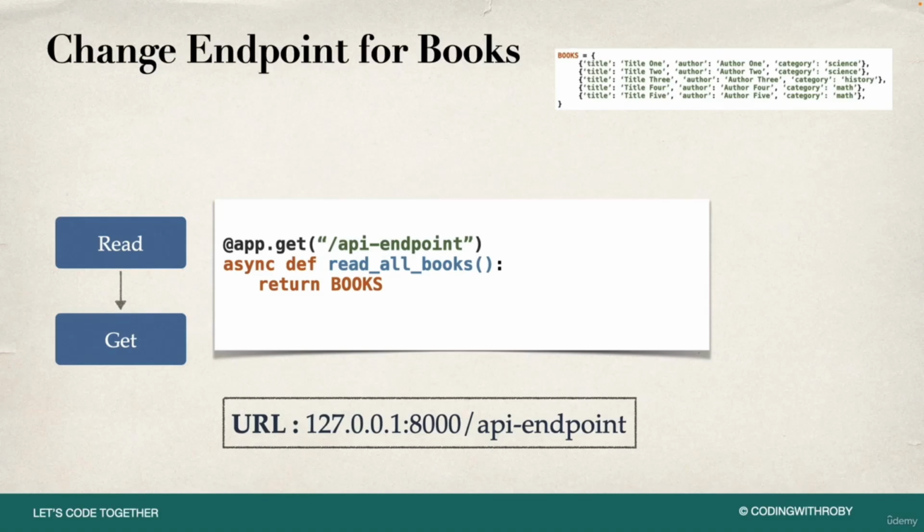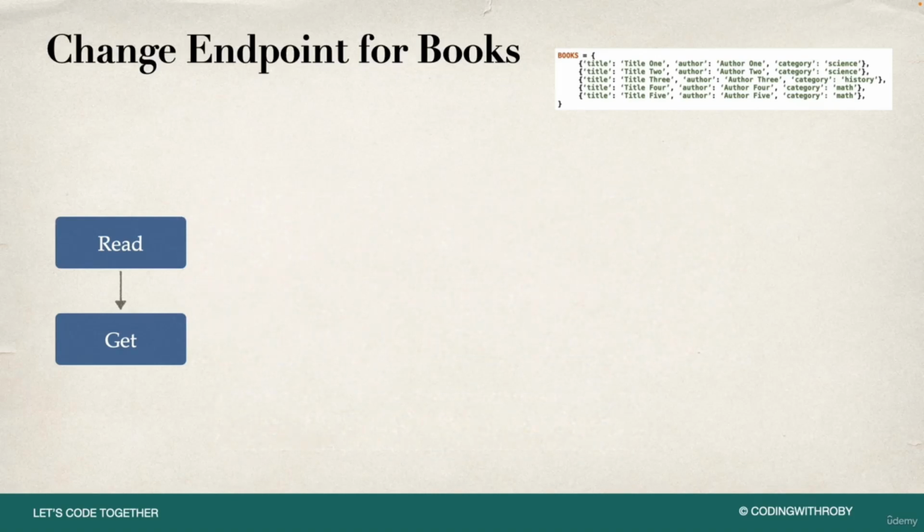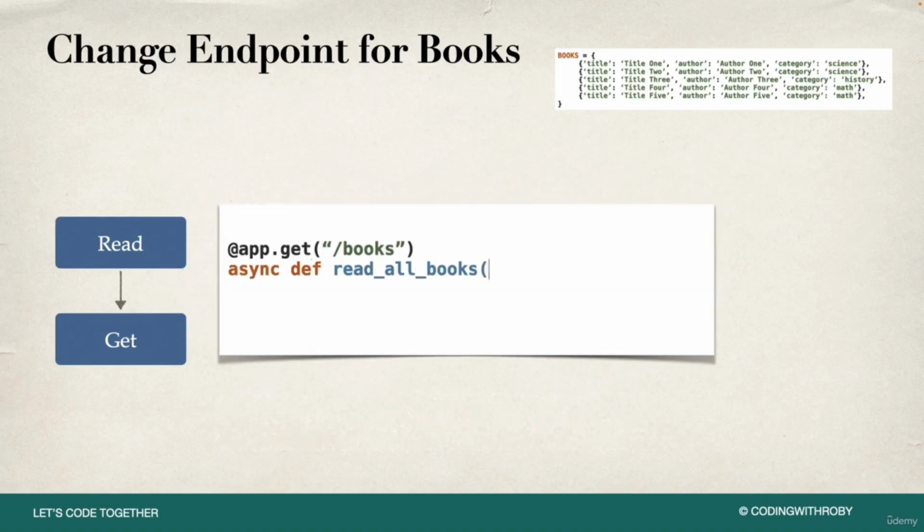However, the API endpoint of /API-endpoint doesn't really make sense or tell the client that we are about to return all the books. So let's go ahead and just get rid of that, and let's change it to @app.get("/books") so the user knows they're going to get books when they hit this URL. And then we're going to have this function of read all books, return books.